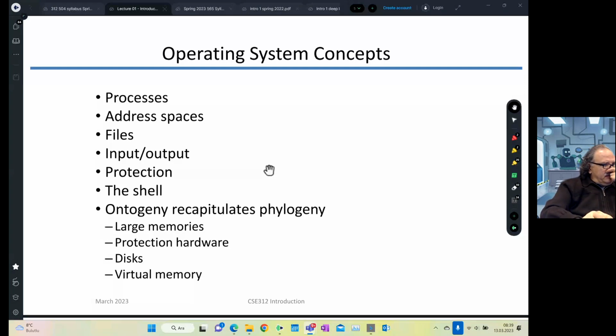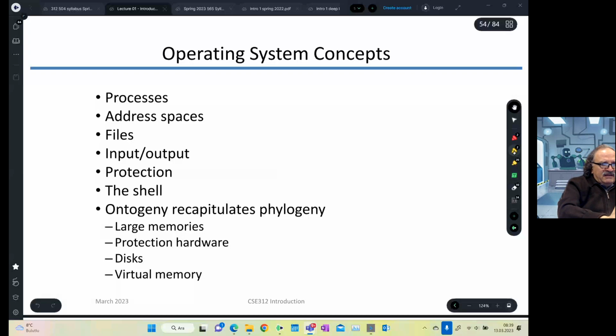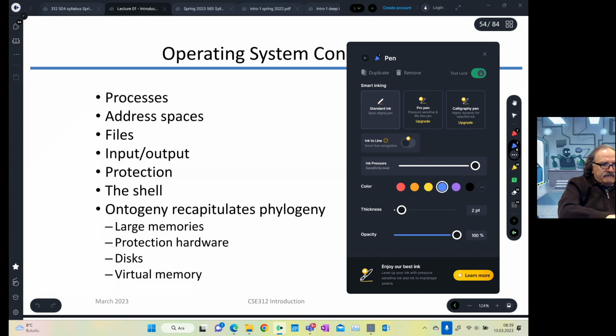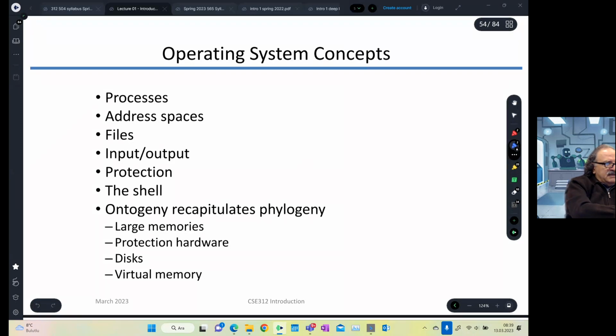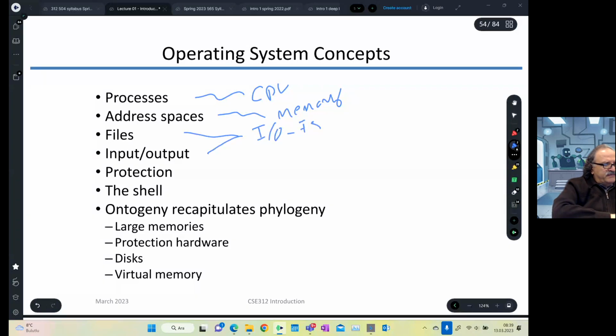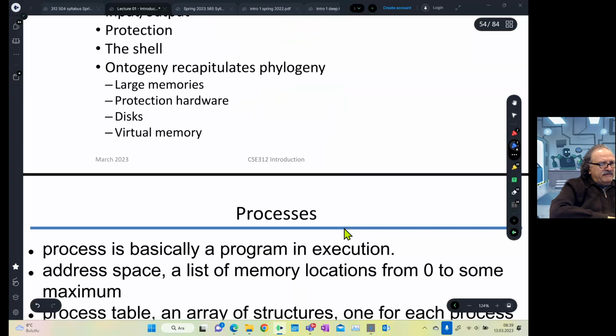This is just a very small introduction. This is about CPU, this is about memory, and this is about I/O and file system, these two. Okay, so let's get going then.